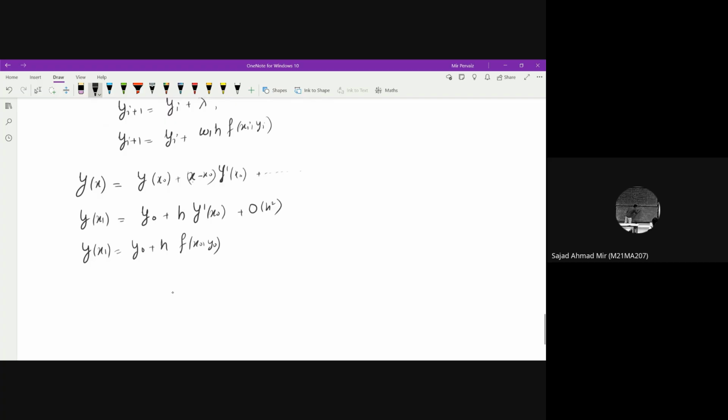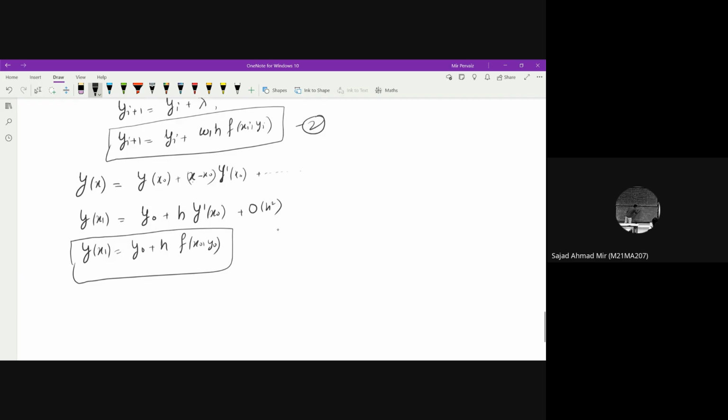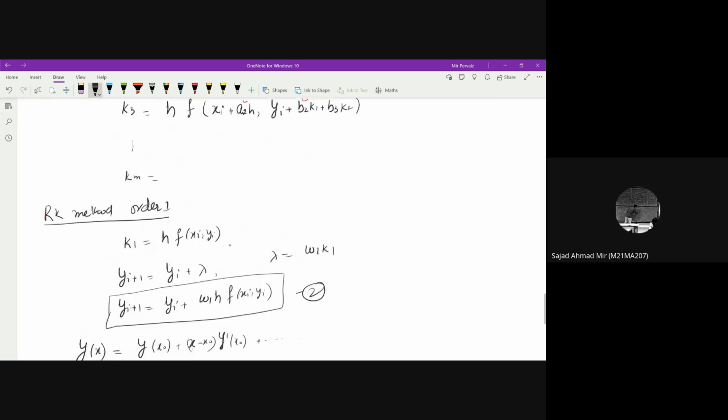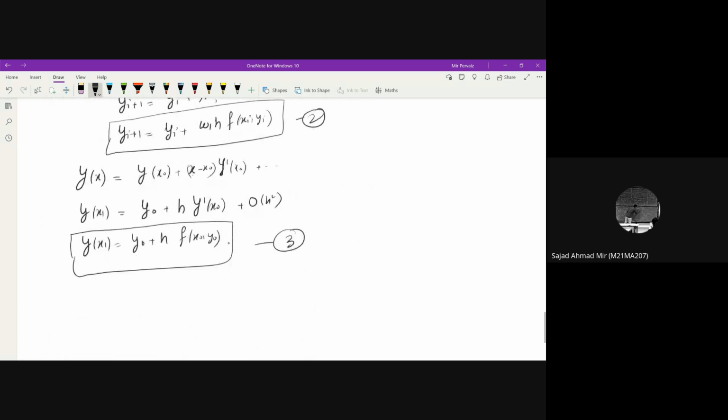Now compare this equation with your original equation. Let's say this was my equation 2, this is equation 3. So what do you get from these equations? This is for general i, and this is for just one value. You can generalize this also.